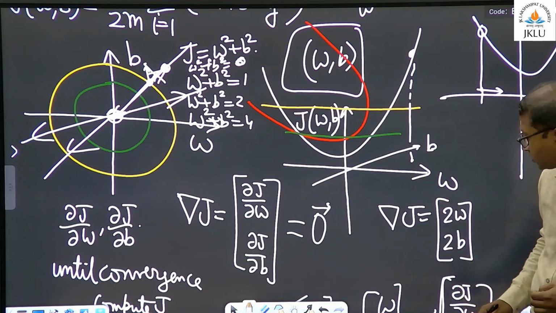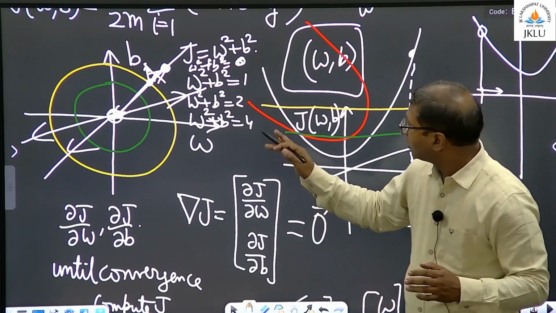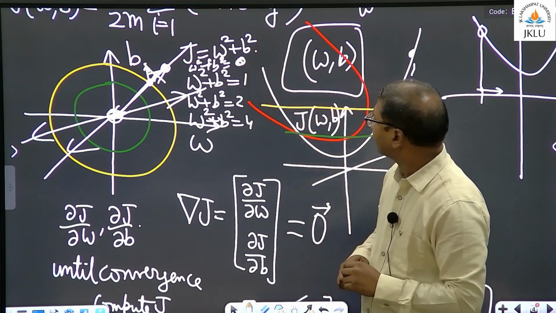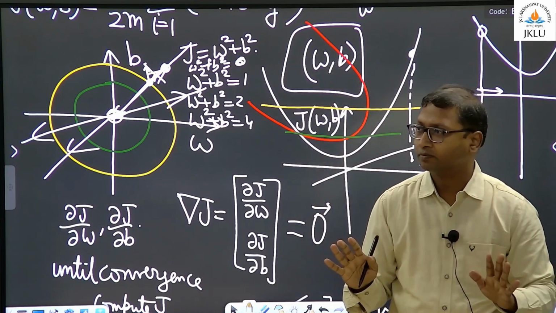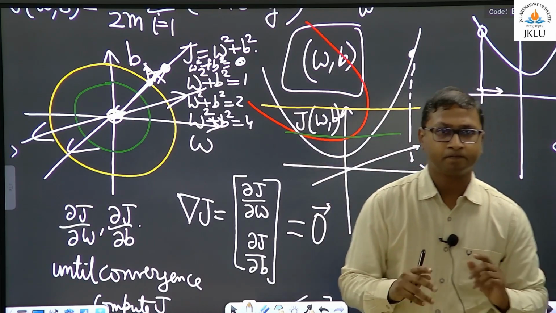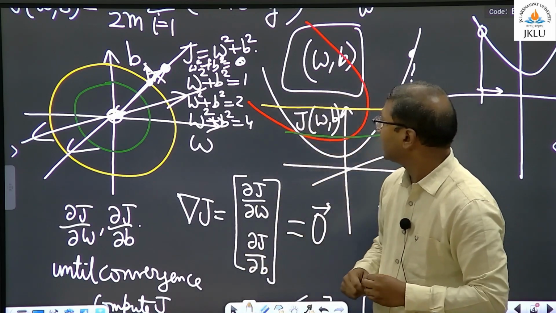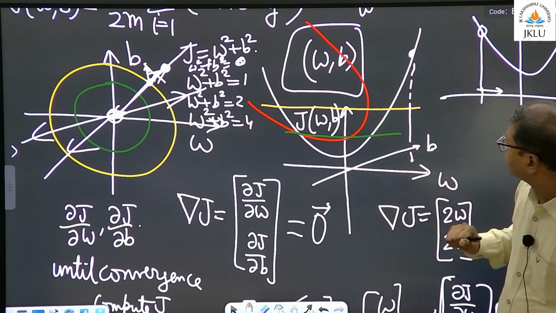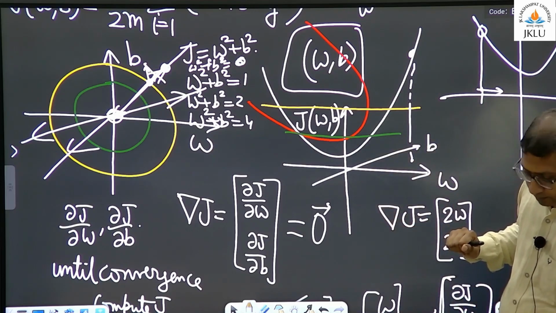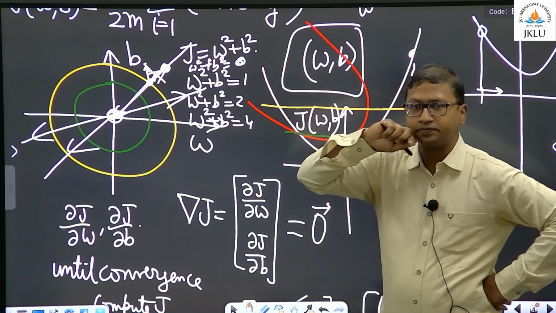Okay. So is this clear? This geometrical interpretation of gradients. Okay. Any questions on this?